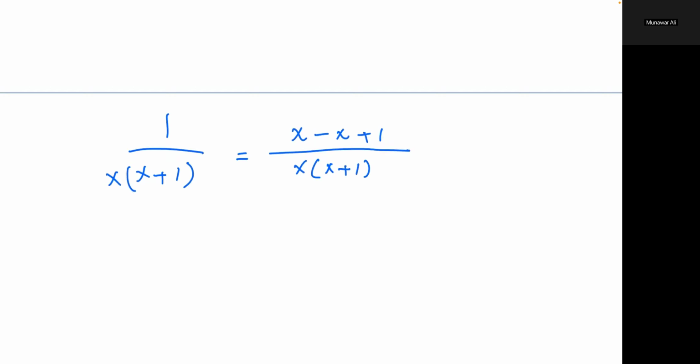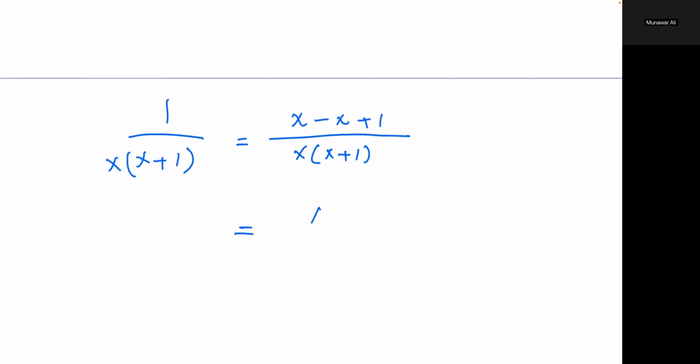Because if you cancel x with x, you will be left with 1, which is reasonable because the actual value is 1. Okay. So I'm just rewriting everything in this way. I'm writing x plus 1 first and then minus x.